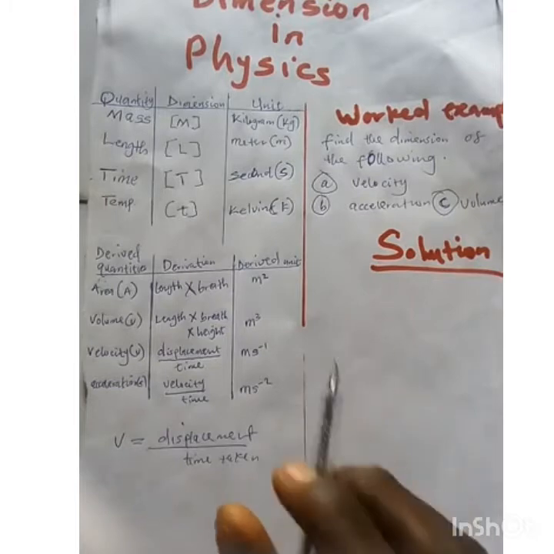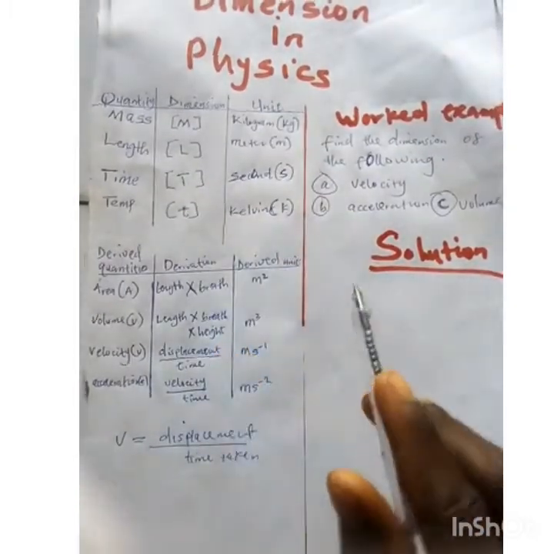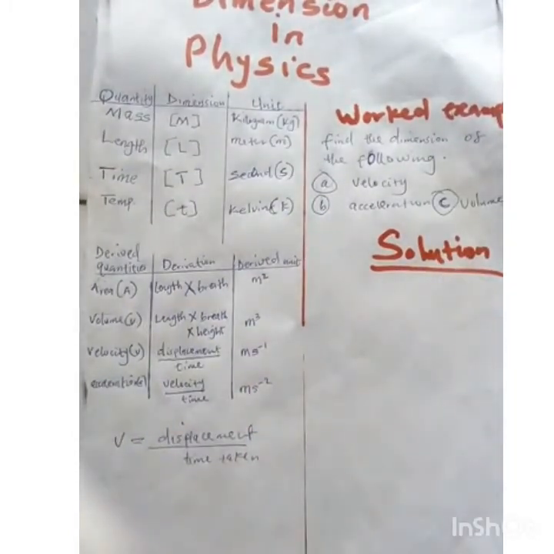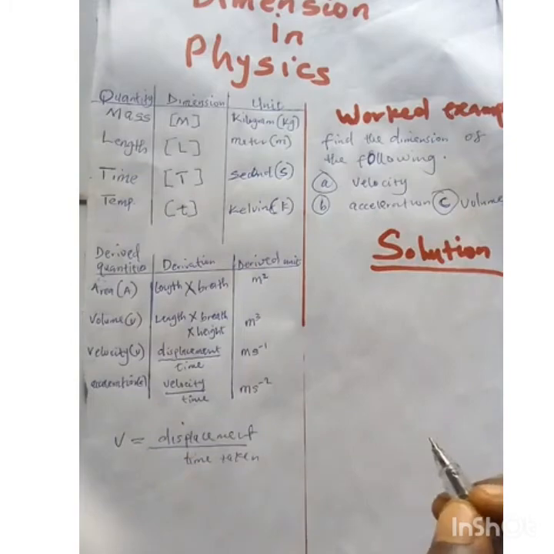Let's look at these worked examples. Your teacher asks you to find the dimension of the following. A is velocity, B acceleration, and C volume. Solution. The first thing to do is to write down the formula for velocity.